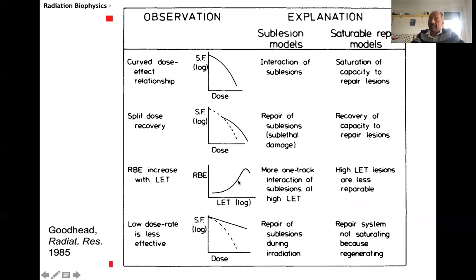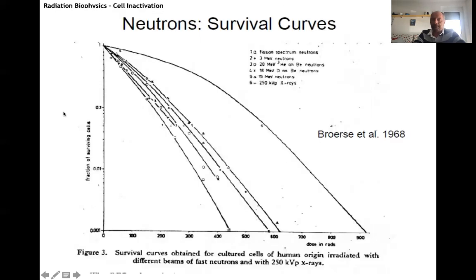In the microdosimetry model, you have more one-track interaction of sublesions at high LET, so that's why you go up in the RBE. But in the saturable repair models, you assume that high LET lesions are less repairable, and so that's why you have an increase in the RBE. Then we will go back to the low dose rate in another lecture later.